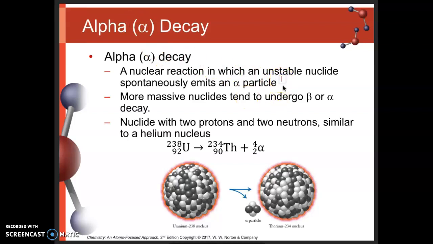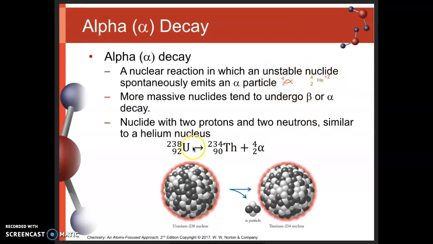We can either see it written as 4, 2, and then the Greek letter alpha, which looks like a sideways fish, or we can also see this written as 4, 2, He for helium, because an alpha particle essentially is a helium nucleus where we've taken the electrons off and it is just the nucleus. So it is common to see it written either of these two ways.